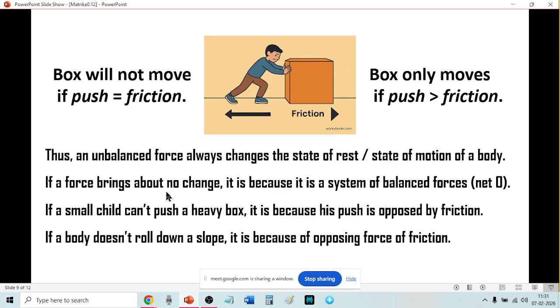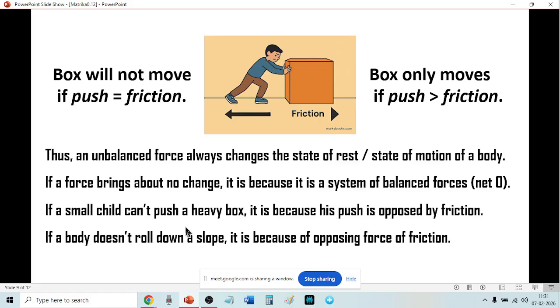If force brings about no change, it is because it is a system of balanced forces. If the box is not moving, it is a system of balanced forces, net effect 0. If a small child can't push a heavy box, it is because his push is opposed by friction, acting in the opposite direction.